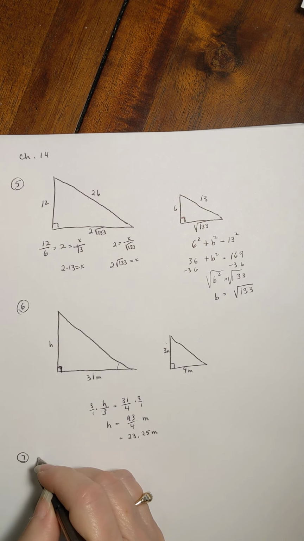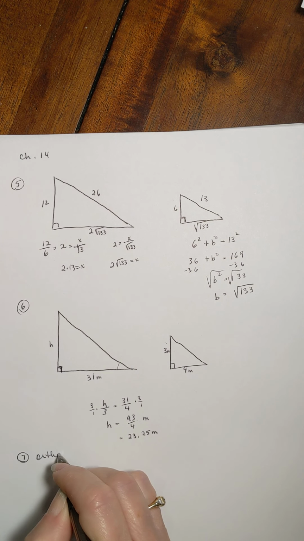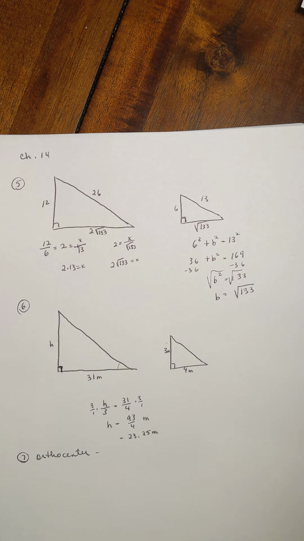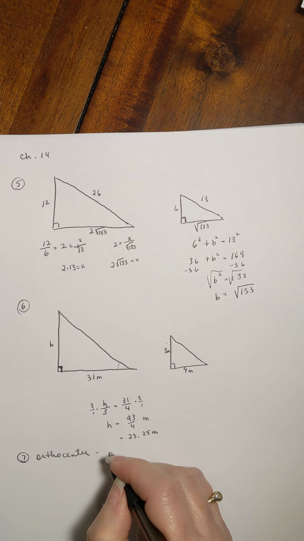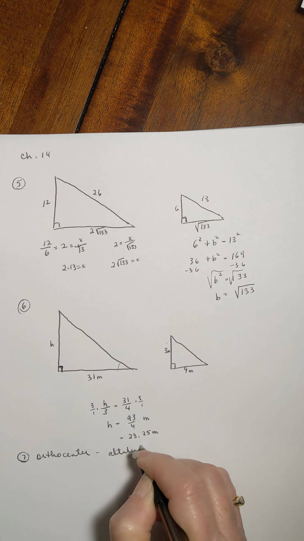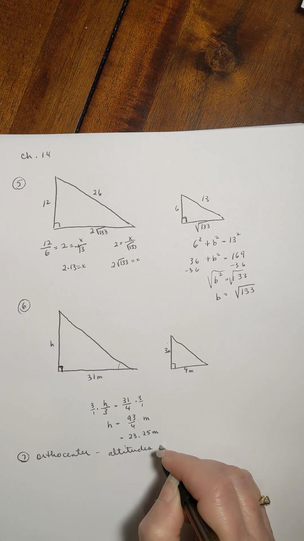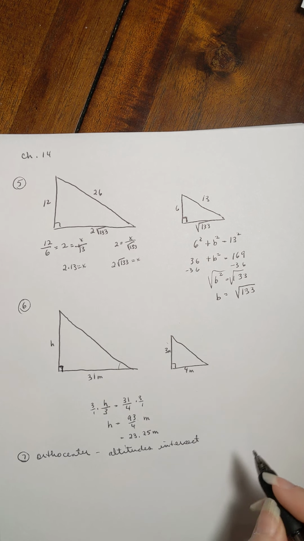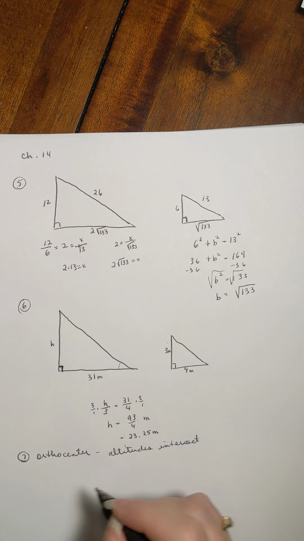The first one is the orthocenter. And the orthocenter is where all of the altitudes intersect. Right?